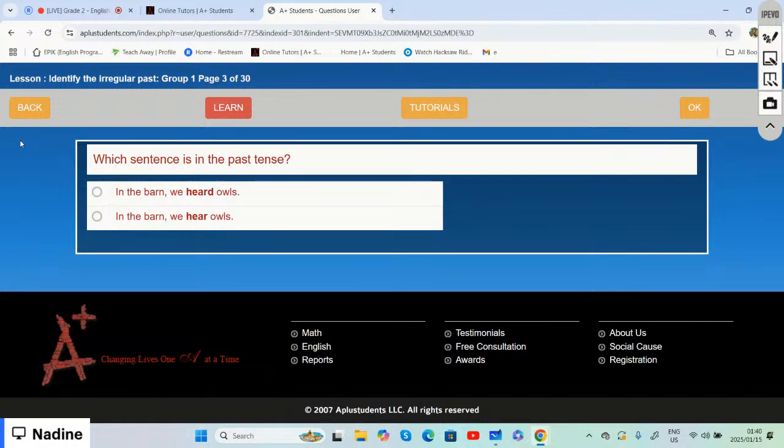All right, and then once again, we say which sentence is in the past tense. It says in the barn we heard owls, or option two, in the barn we hear owls.